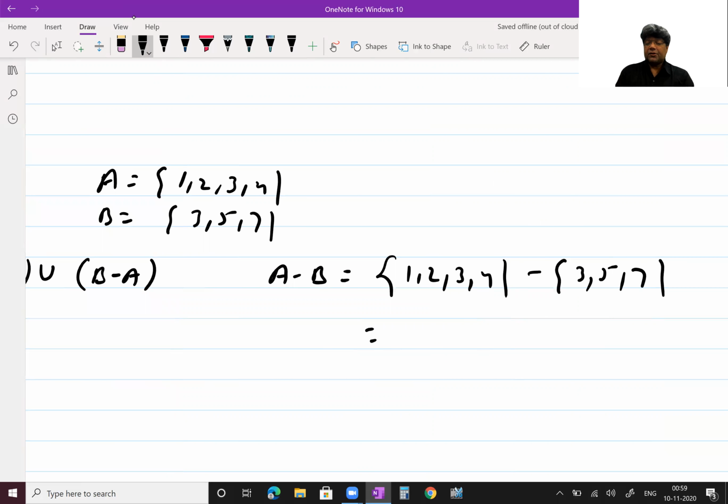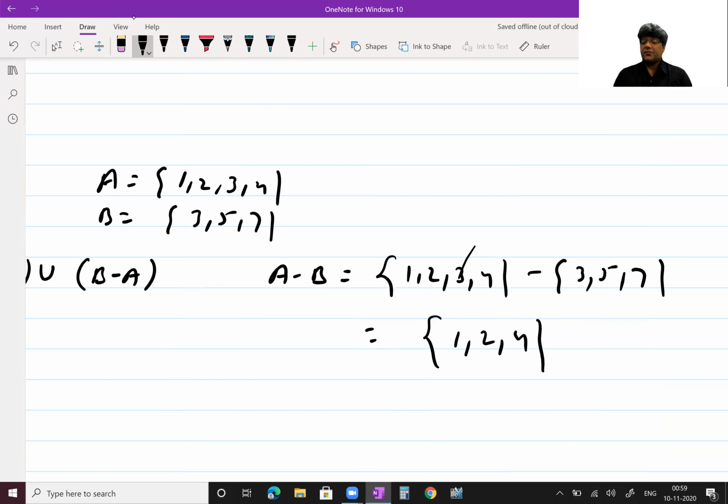What will happen? Elements which are common from both, delete those elements from A. Which elements are common out of these two? Only one, which one? 3. So delete 3 from A. Whatever elements are remaining, those will come. So 1, 2, 4 will come.